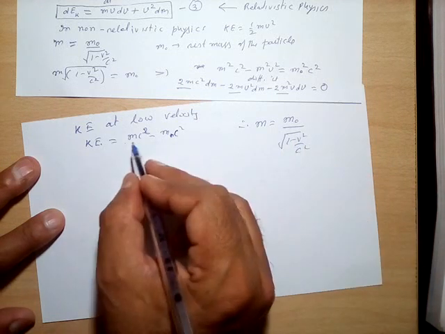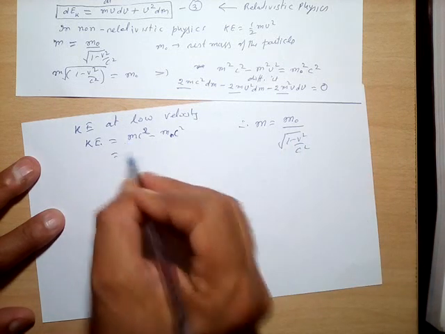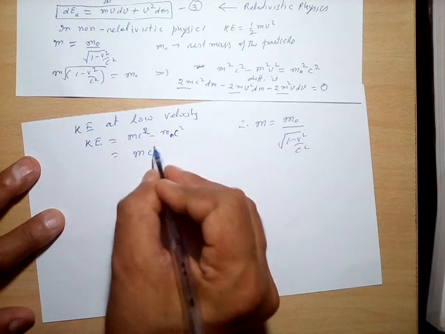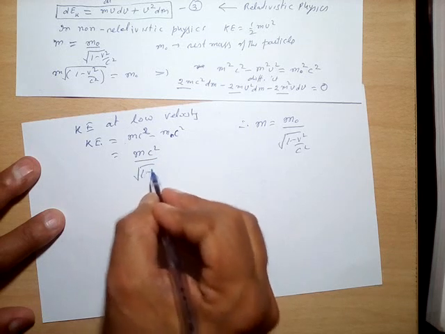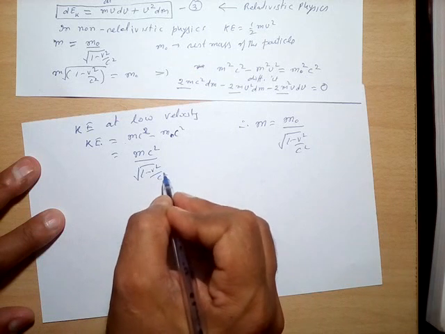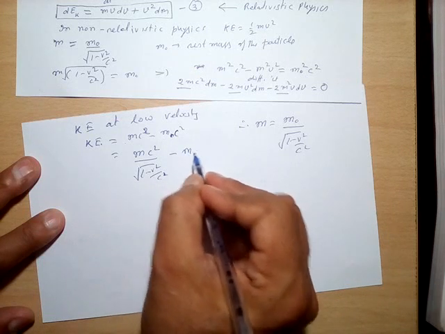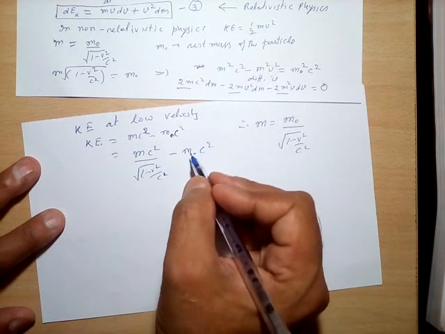We substitute the value of m here, and it comes out to m naught c square times 1 minus v square by c square to the power minus half, minus m naught c square.